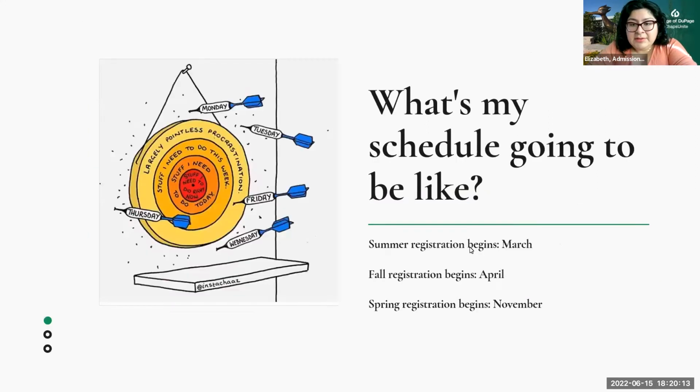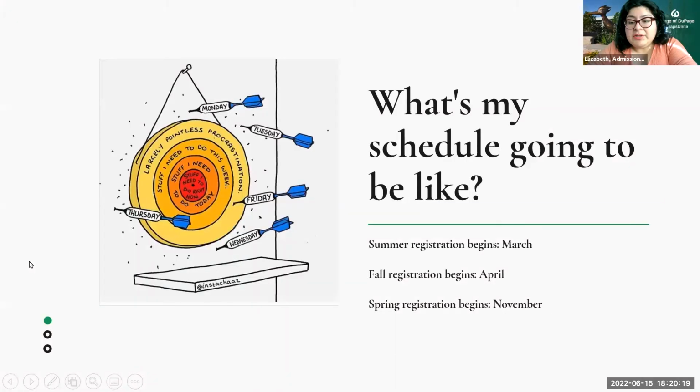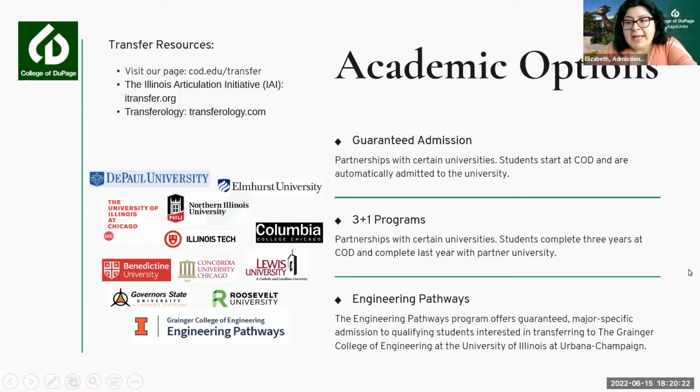Engineering pathways is a partnership that we have with the University of Illinois Urbana-Champaign, and it's specifically for their School of Engineering. For this program, students typically have to apply during their senior year of high school. UIUC does have a second opportunity for students to apply.